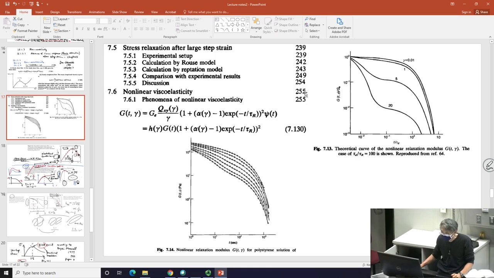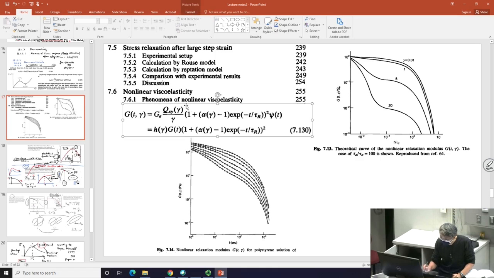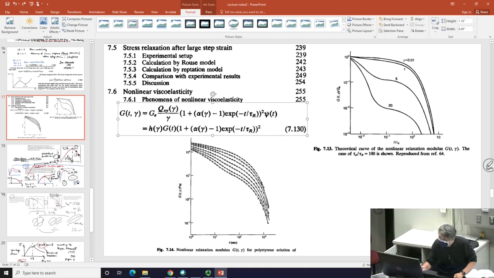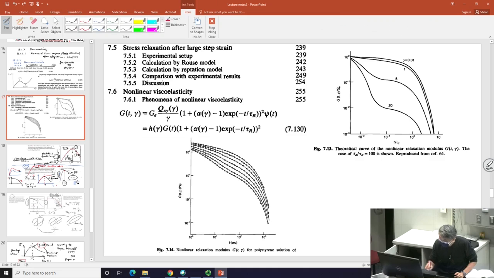And it's actually quite remarkable that it describes all the nonlinear features like overshoot, like the steady state.